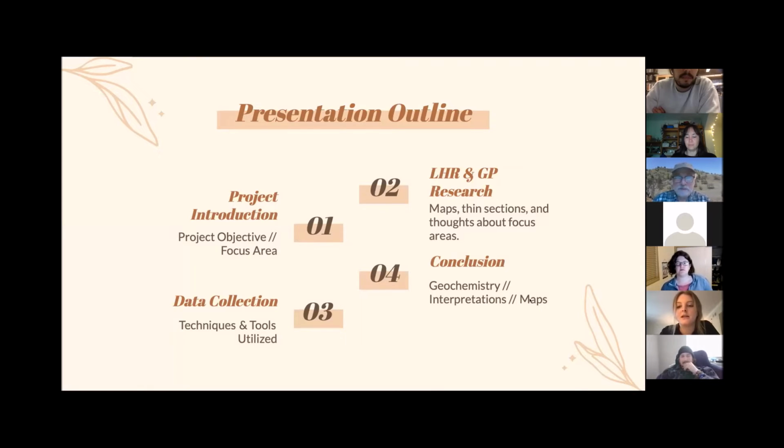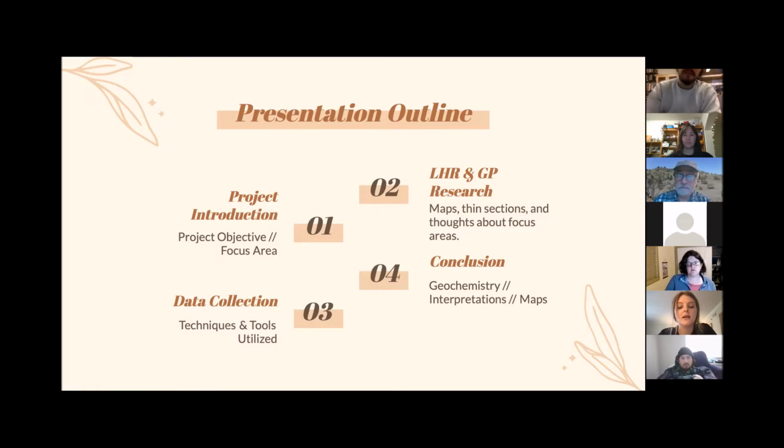So I have a presentation outline. First I kind of want to walk you guys through my project focus and then where it all happened, because we were able to do 2 areas. And then I want to dive right into those research areas, the mapping that we did, the thin sections that we were able to make from all the samples, and then just some ideas that we had about it.